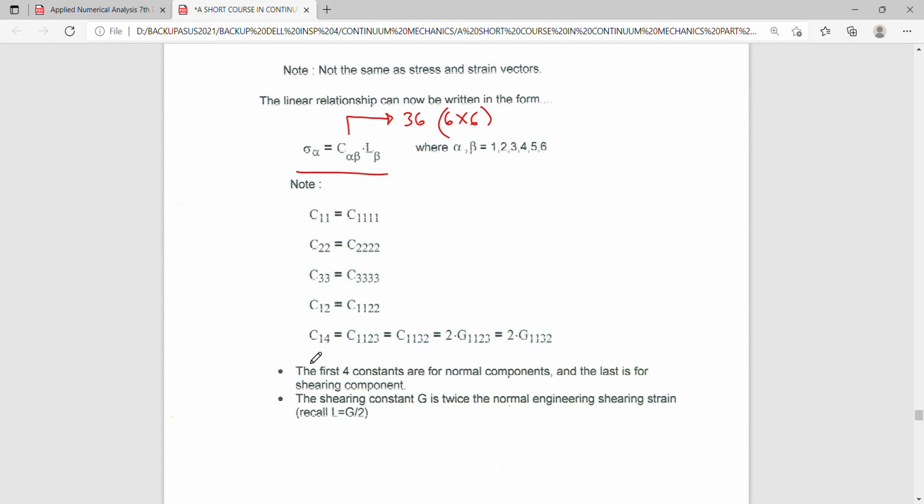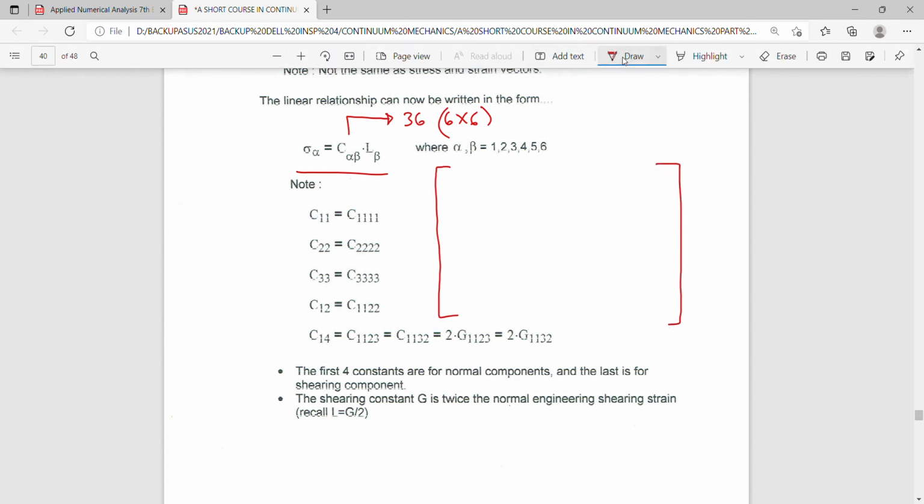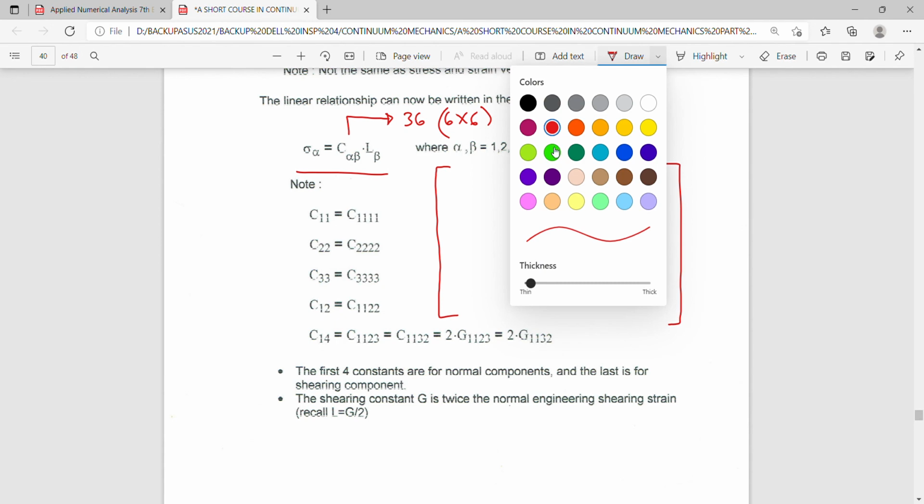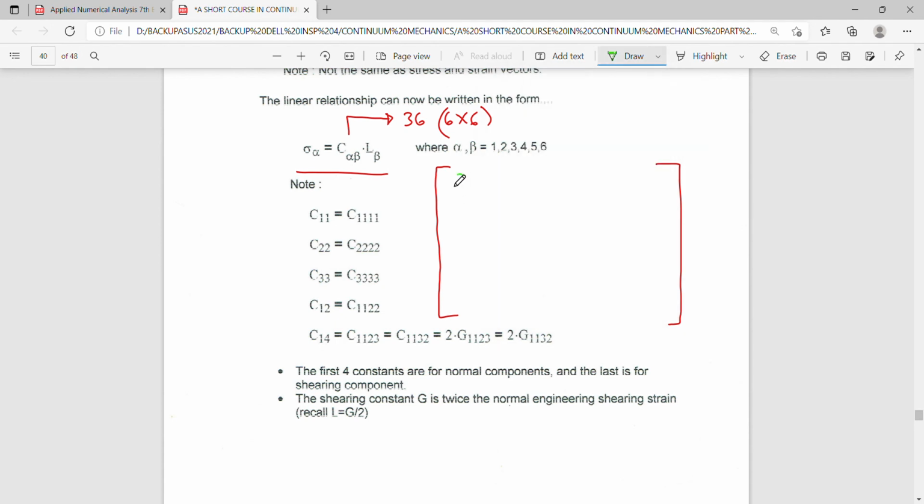Okay, so paano mo malalaman kung ito yung laman niya? Ano ba yung laman nung C originally? Yung laman ng C, class, 81 yan, di ba? 81 components.